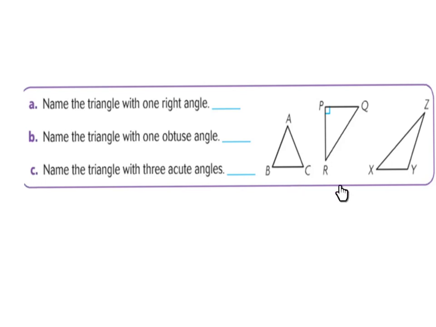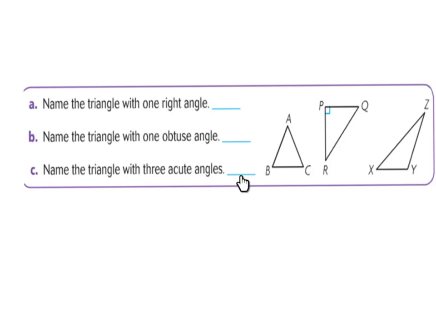Look at your three choices here, and list it right there. Question B says, name the triangle with one obtuse angle. Look at your three choices here, and list the name of that triangle right there. And question C says, name the triangle with three acute angles. Again, look at your three choices, and write the name of the triangle for letter C.